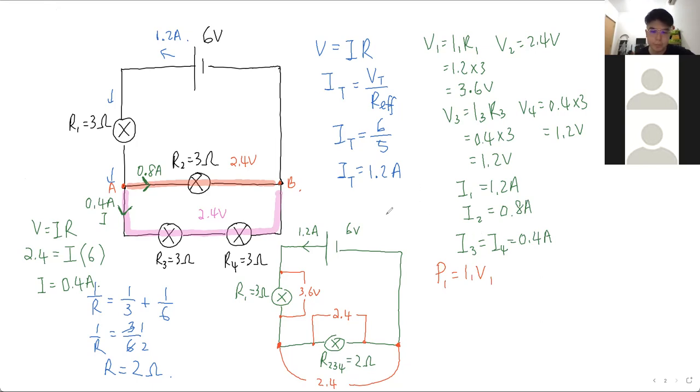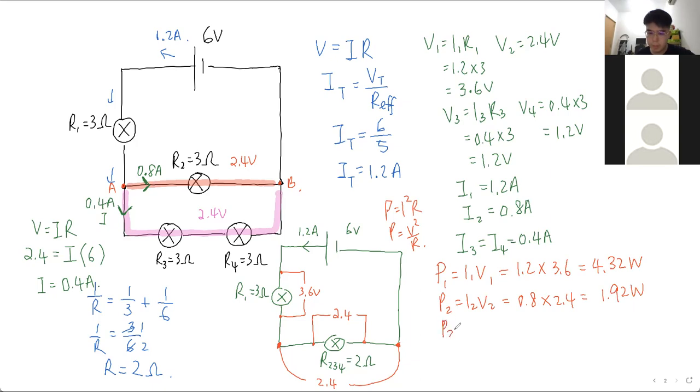Power has several equations, right? P equals V I, I squared R, P equals V squared over R, all are fine. But since I already know I and V, I will directly use IV. Okay, so I1 V1, 1.2 times 3.6, power is 4.32 watt. P2 is I2 V2, 0.8 times 2.4, 1.92 watt.